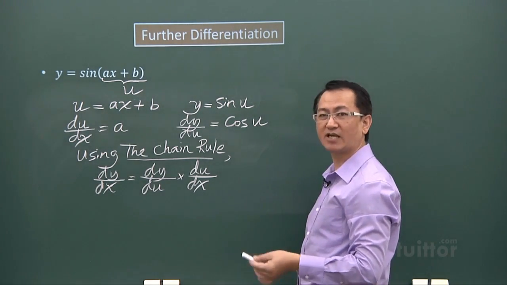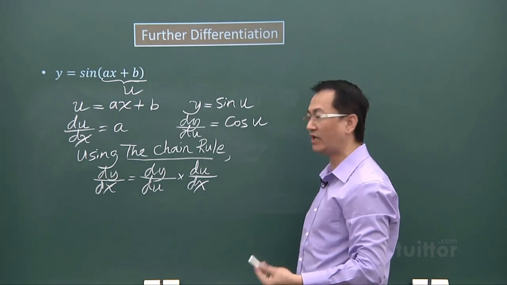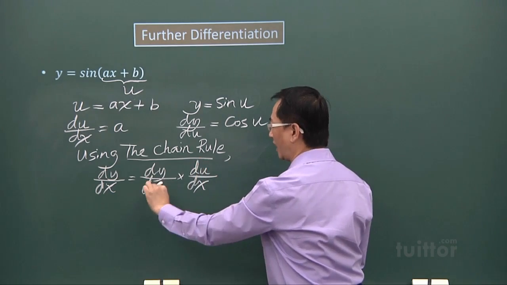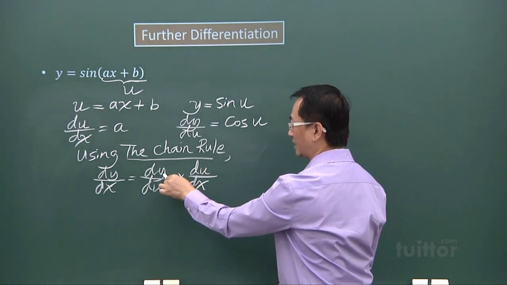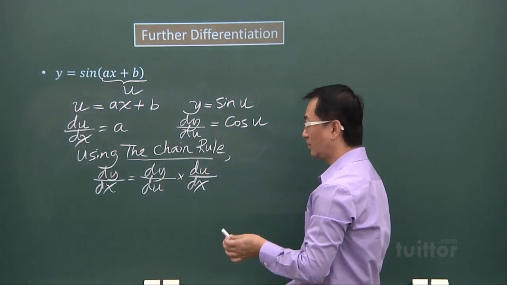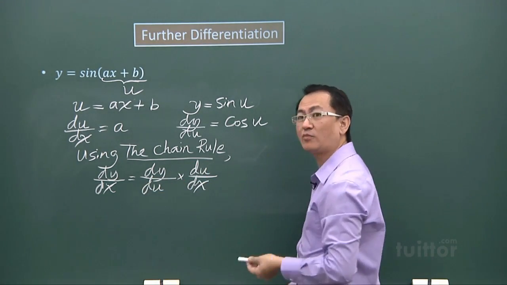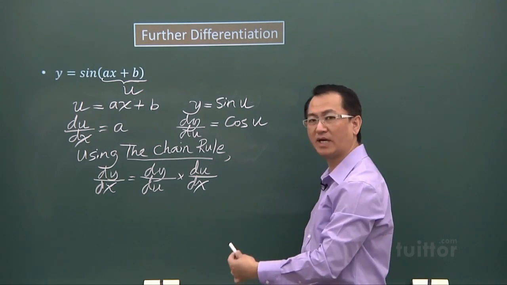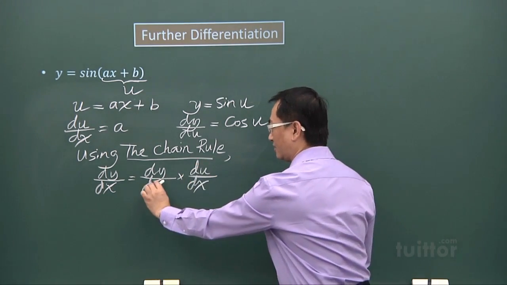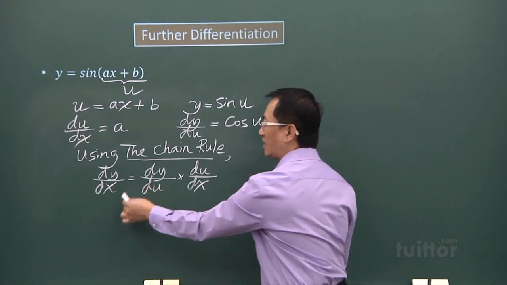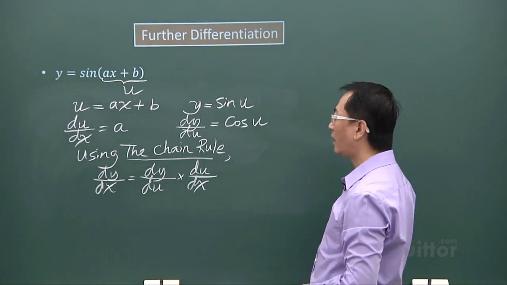But for the sake of helping you see the logic of it, if I just cancel off du and du, you do get back dy over dx. I want to caution again, they are symbols. They cannot be cancelled off. But to help you remember, cancel off, dy over dx, which is the same as what you have on the left-hand side.